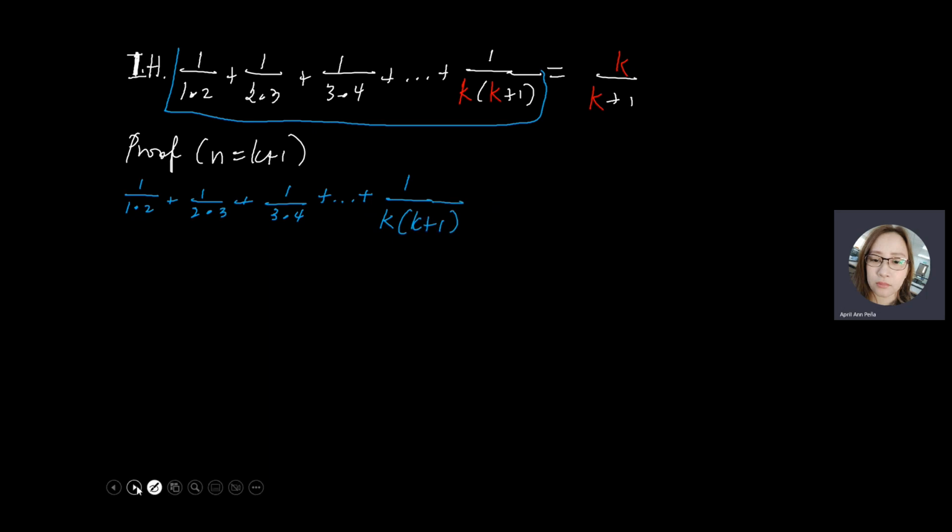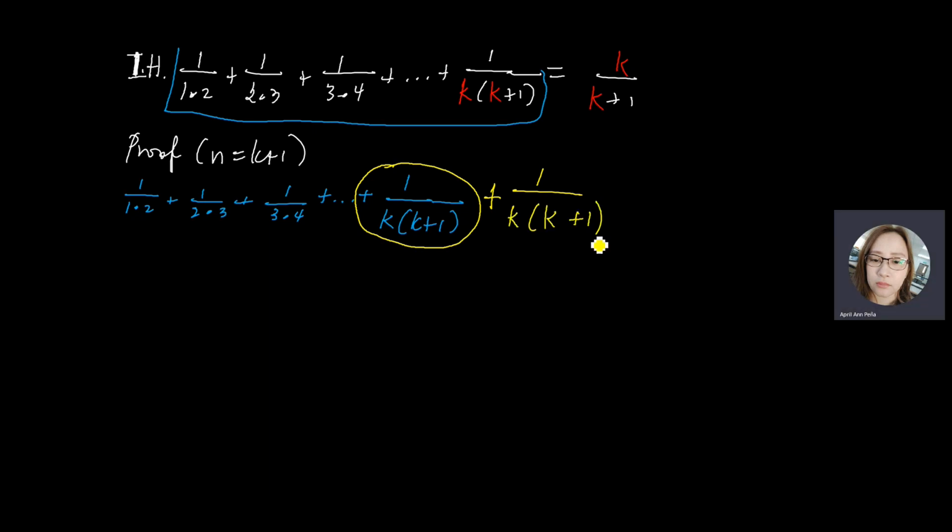All right? After you copy it, what's the next thing that we are going to do? We need to duplicate the portion with a variable k. So duplicating it, we do have 1 over k times k plus 1, like that. I think the space won't be enough, so I'll just make it smaller.